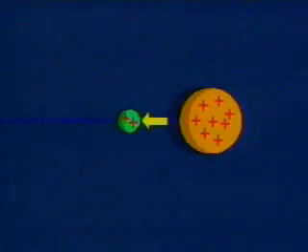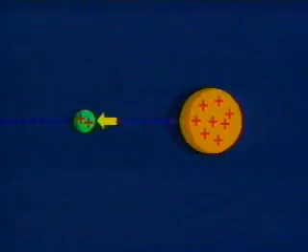Let's look at it again. What about an alpha particle which is on a path which would take it just past the side of the nucleus? Consider first if no electrostatic force were acting.